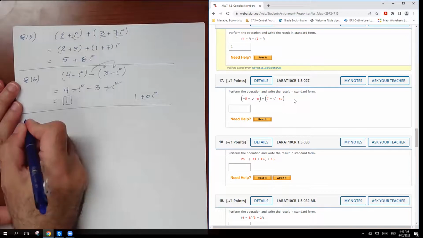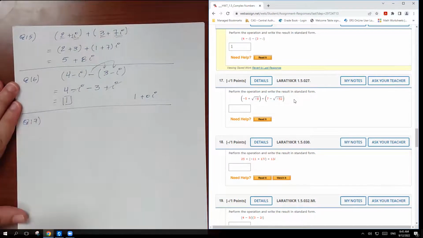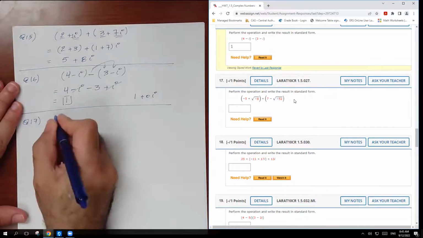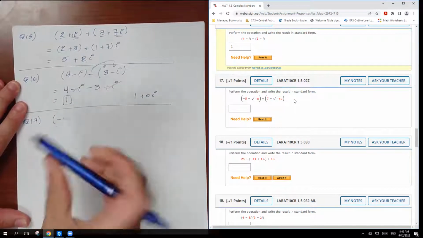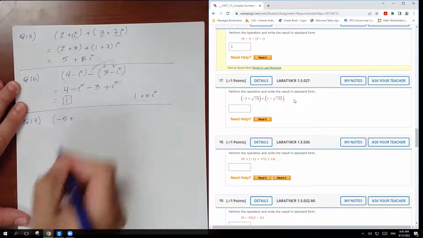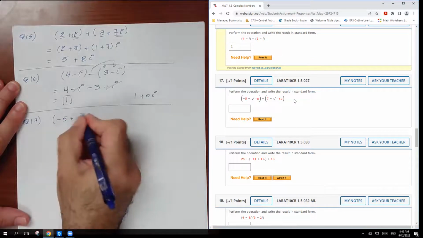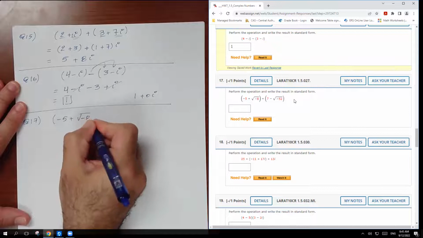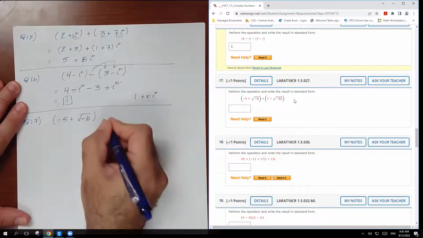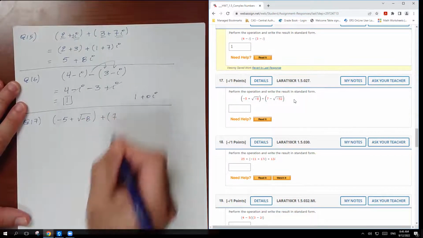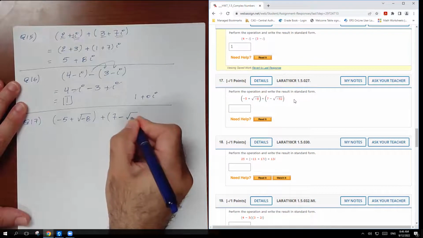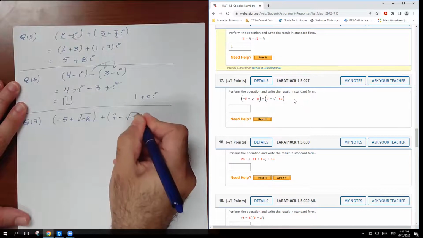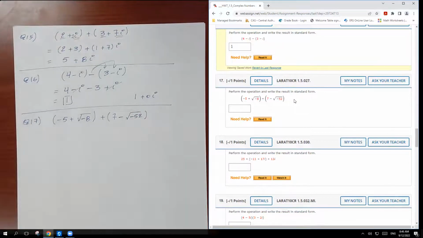Question 17 is -5 plus square root of -8 and plus 7 minus square root of -52. Let's check how we're going to solve this example.